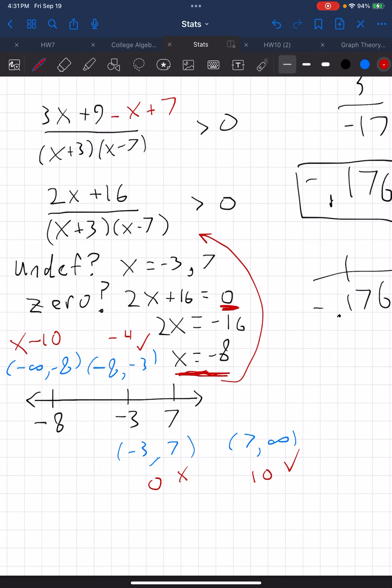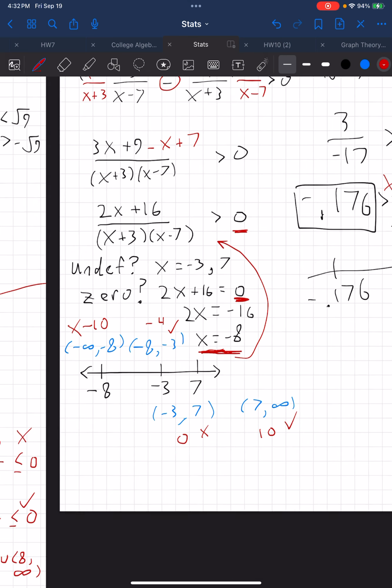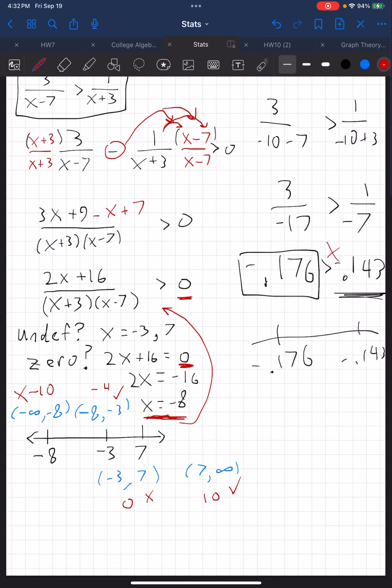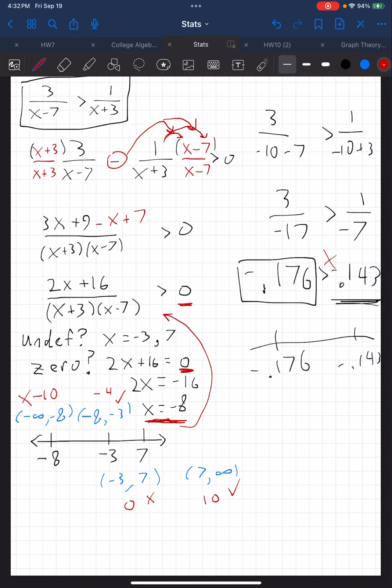So when we say that this must be greater than 0, I already found where it's equal to 0, so I already know negative 8 is not a valid number for the answer that we want, right? Maybe negative 3 would be, maybe 7 would be, oh wait, I can't even plug those into the equation. Or inequality, I should say.